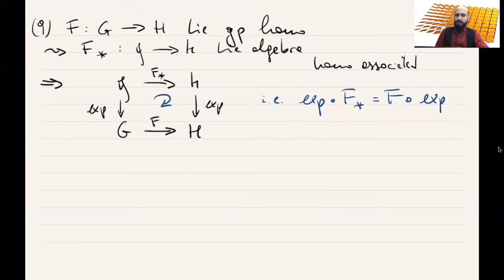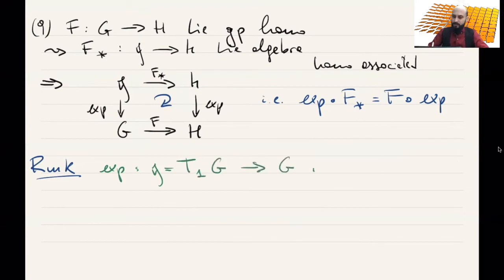A remark about the exponential for those that have seen some Riemannian geometry, because also in Riemannian geometry there is an exponential map. If we see the Lie algebra as the tangent space at the identity, this map is not the Riemannian exponential.